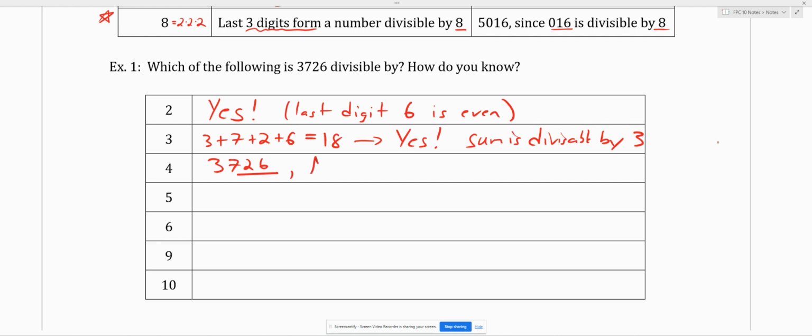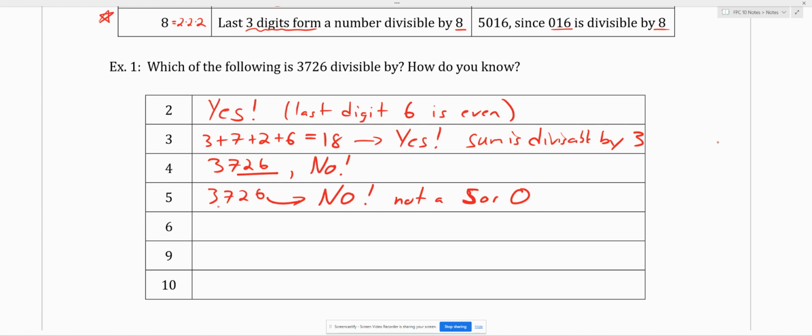So no. Okay. 5. Well, we just look at the last digit, and right away we have 3,726. This digit is a 6, so no, because it's not a 5 or 0.